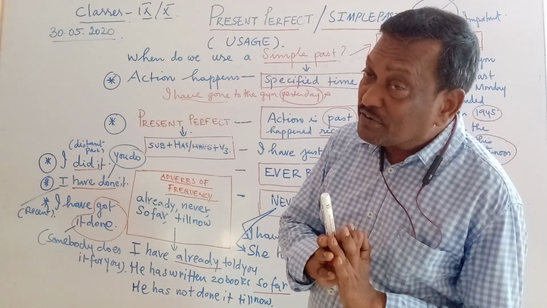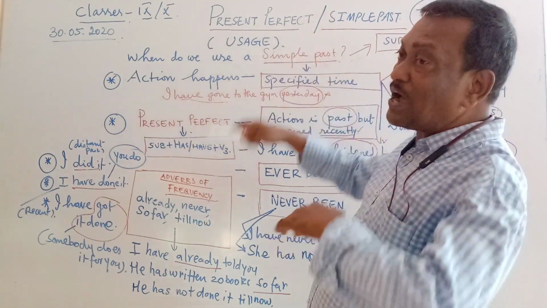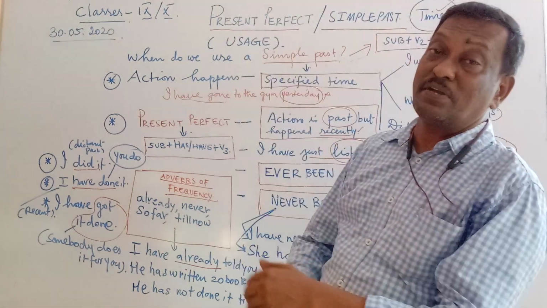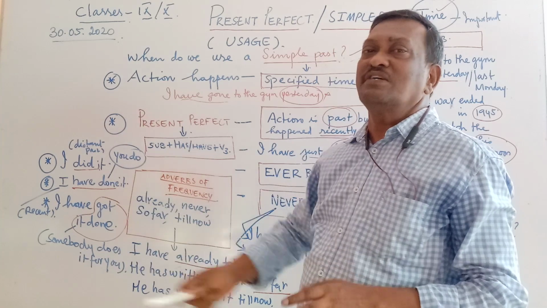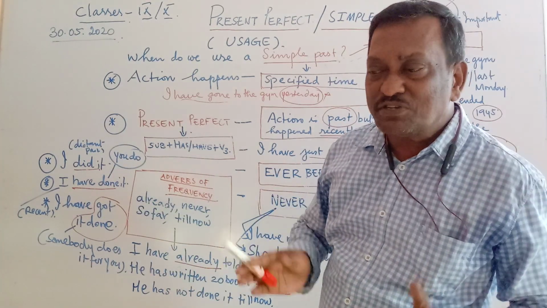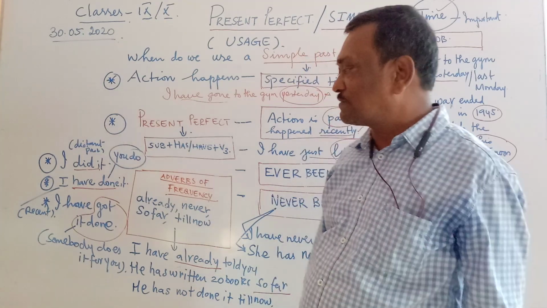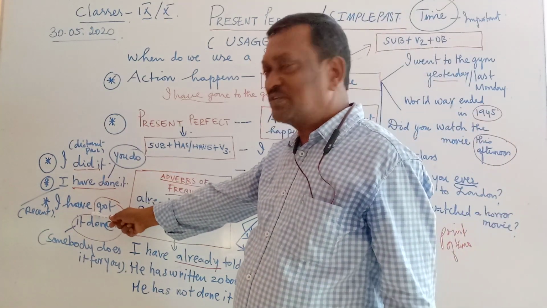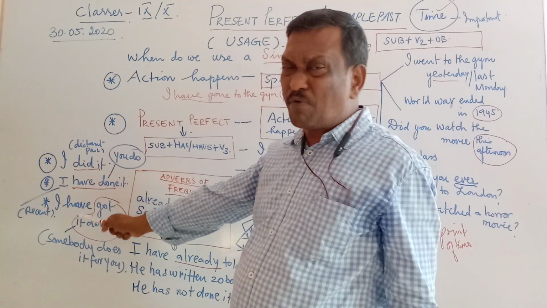Both are associated with the past action, but the simple past refers to an action which happened at a distant past, and the present perfect is associated with an action which has just been over, and therefore it is connected to the recent past. And this point, the one which we discussed at the end, is very important.